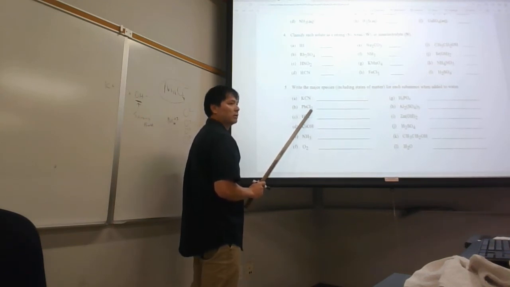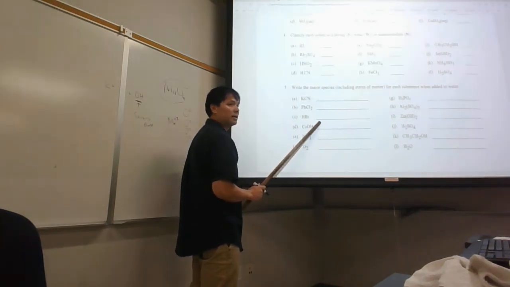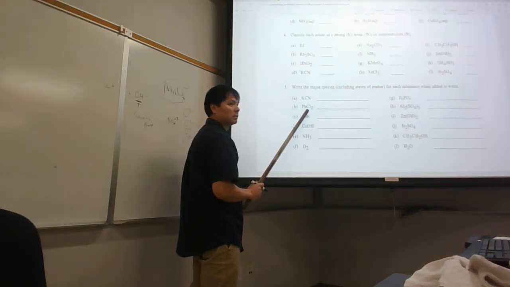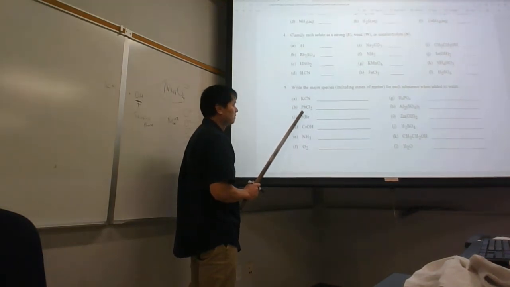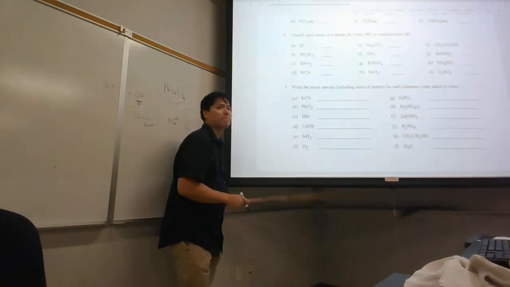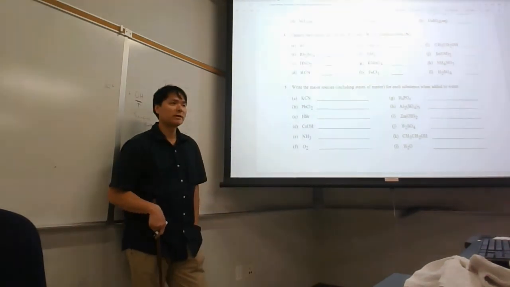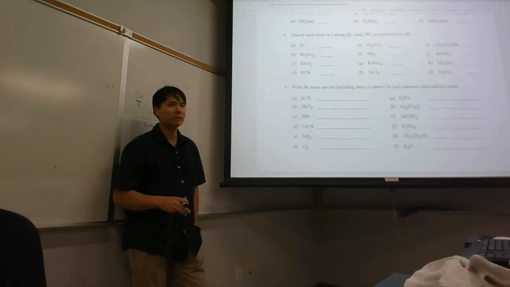Lead 2 chloride. Lead 2, no, we don't know. Chloride, bromide, and iodides are all soluble except silver. Mercury, lead. No. Chlorides, bromides, and iodides are all soluble except silver, lead 2, and mercury 1.